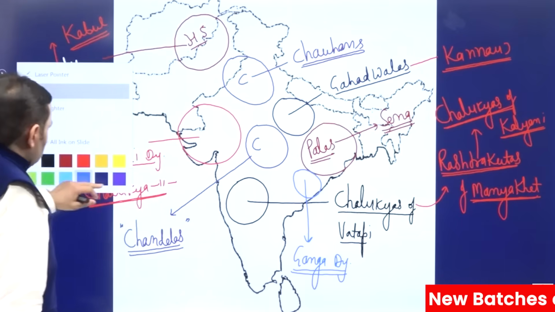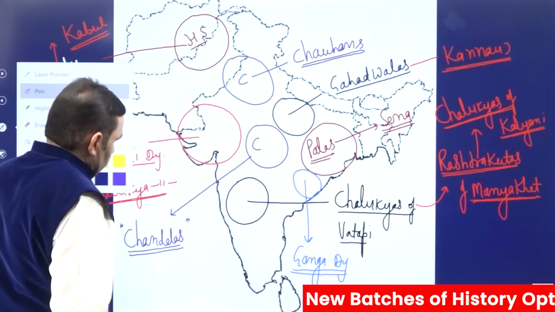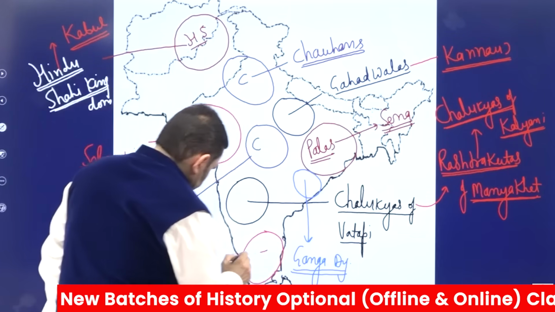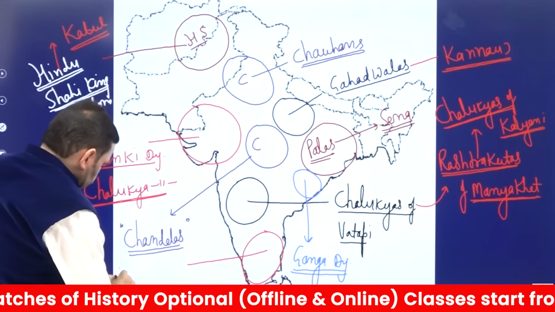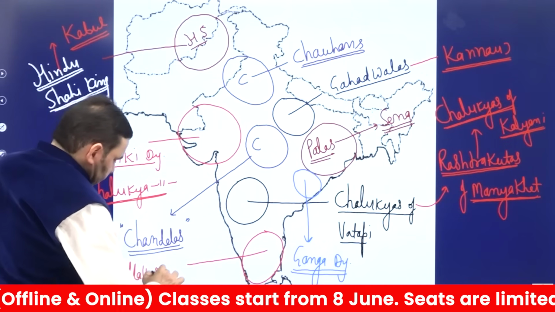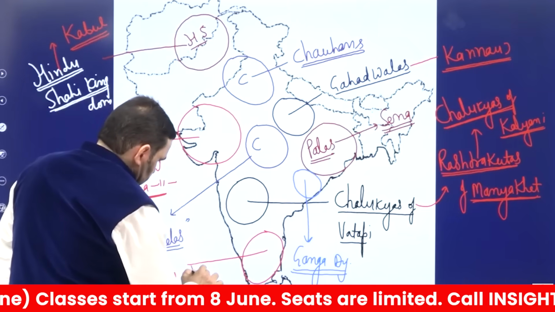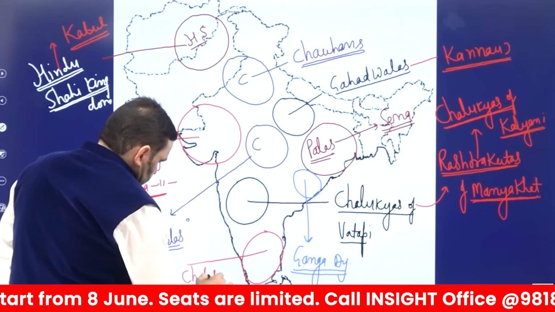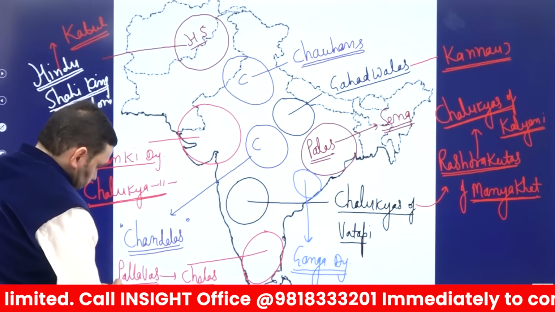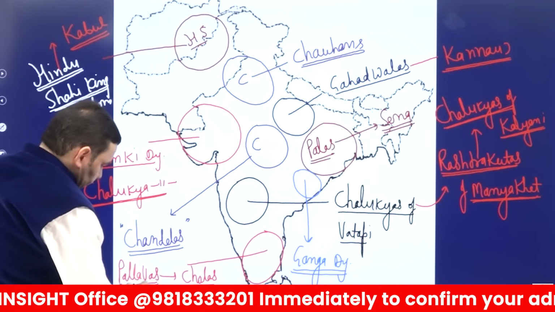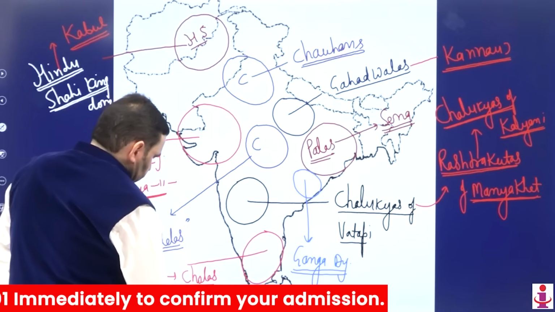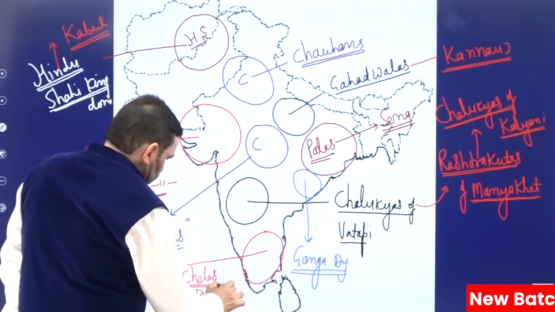When we come to South India further, we find Pallavas, try to link with the previous classes, replaced by Cholas. I told you dates also, Pallava dates in earlier classes, 300 to 850 AD, and Cholas were from 850 to 1267.